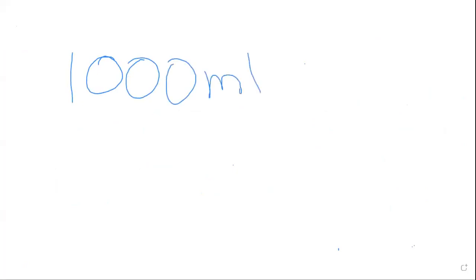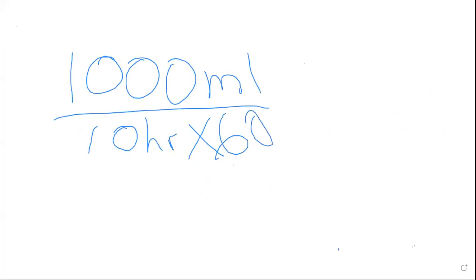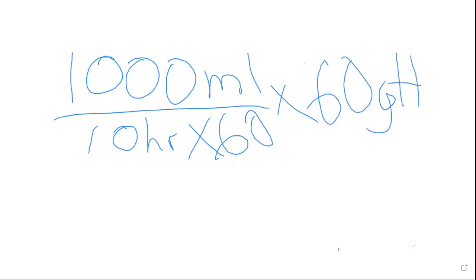Okay, so our total volume is 1,000 mLs. It's going to go over 10 hours. So we're going to multiply that times 60 to get our time in minutes. And that is going to be times our drip factor, which is going to be 60.